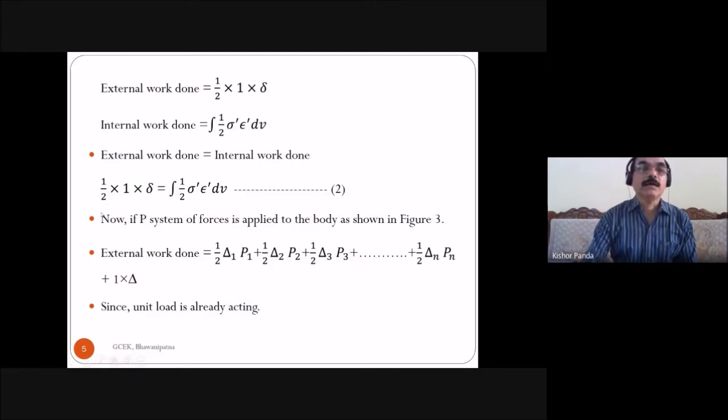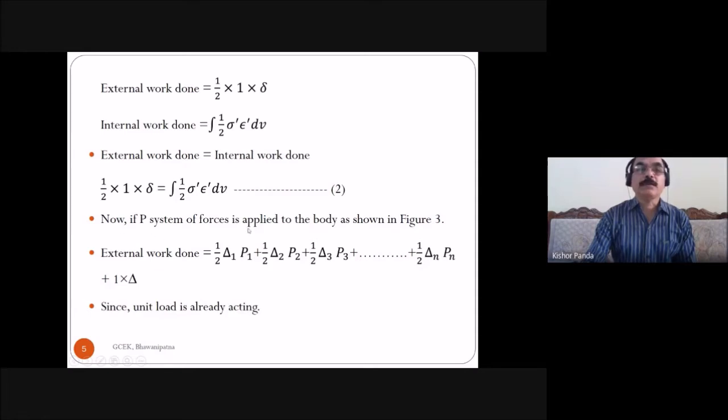This is the external work done equal to the internal work done due to the unit force, or the strain energy stored in the body. Half into 1 into delta is equal to the integration of half sigma dash epsilon dash into the change in volume. This is equation 2. Then what do you have to do now?